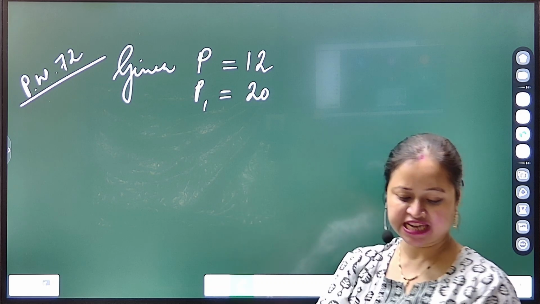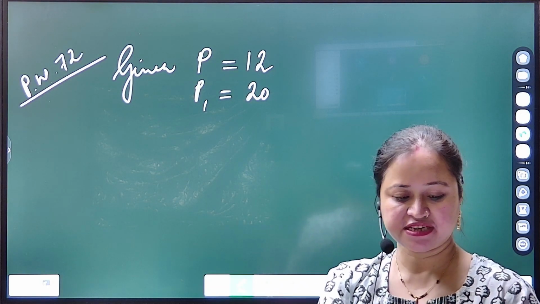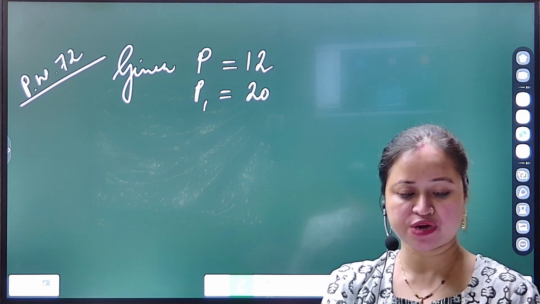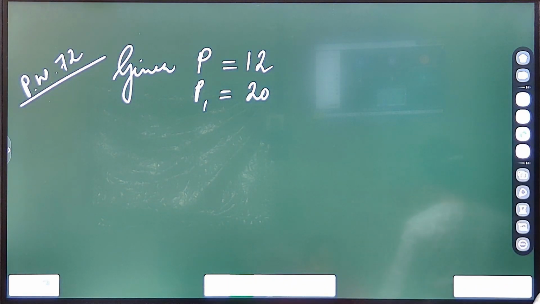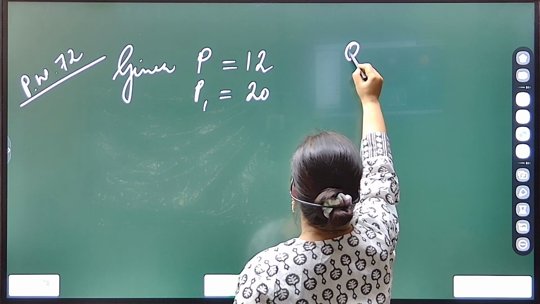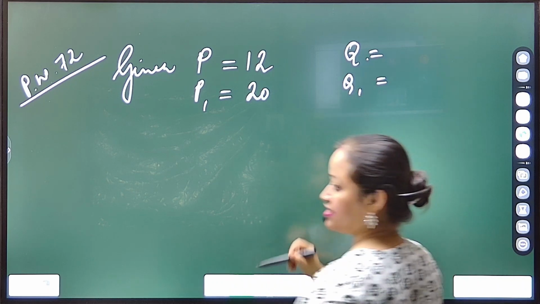Okay, and the next part of the question mentions that as a result, the daily sales decrease from 300 to 200 pieces per day. So demand: Q is given and Q1 is given.